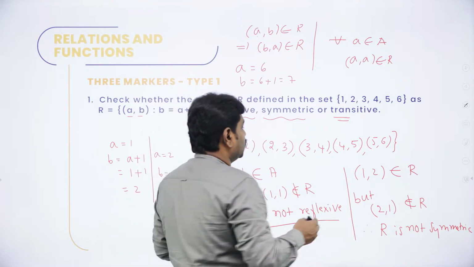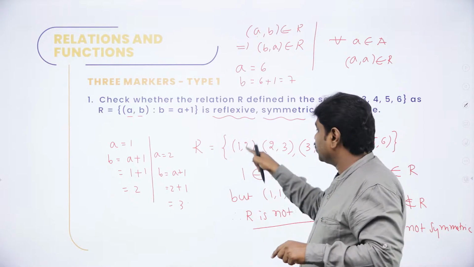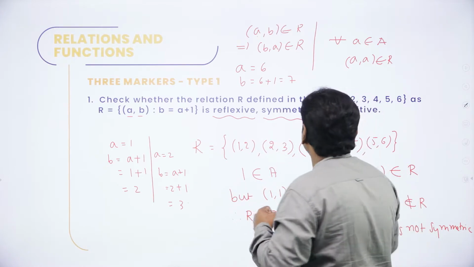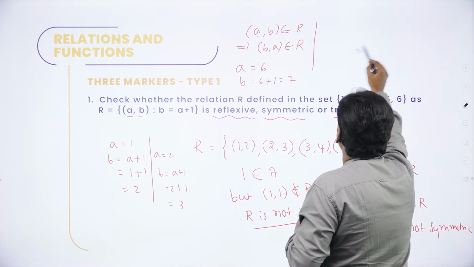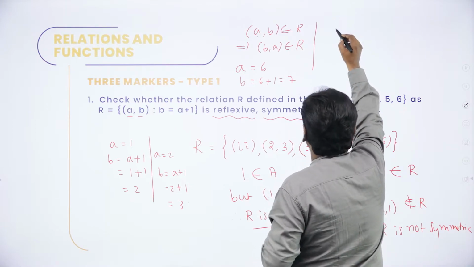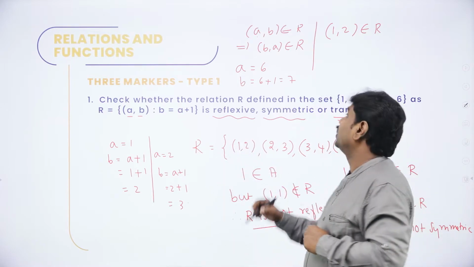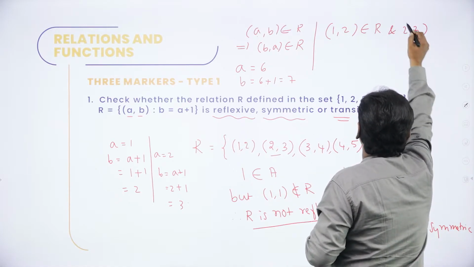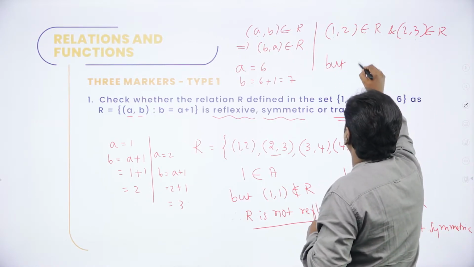Now coming to the point. I will take (1, 2) belongs to R and pick an element starting with 2. (1, 2) belongs to R and (2, 3) belongs to R, but (1, 3) does not belong to R. Now we will verify whether the given relation is transitive or not. (1, 2) belongs to R, do you agree? (1, 2) is present in the relation, and taking an element starting with 2, we have (2, 3). (2, 3) belongs to R, but what is the first element? 1, and the last element 3, so (1, 3).